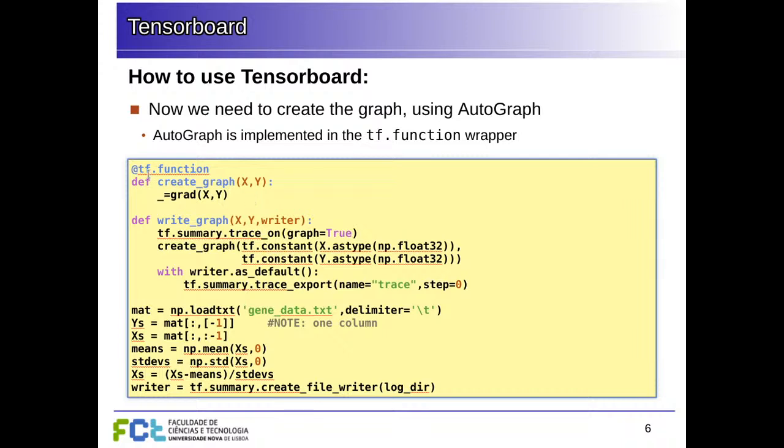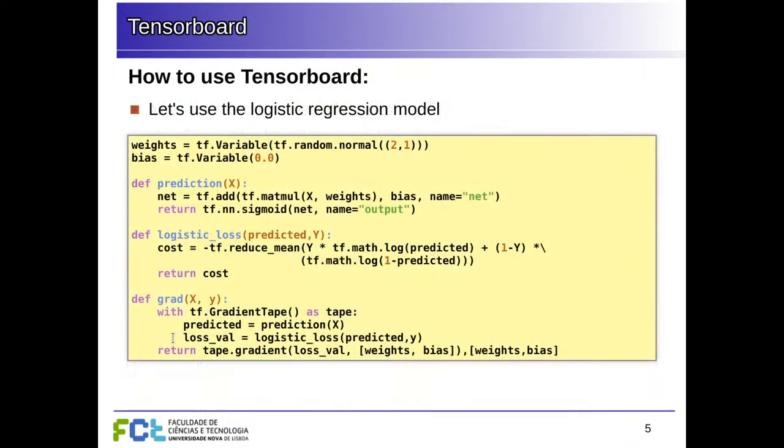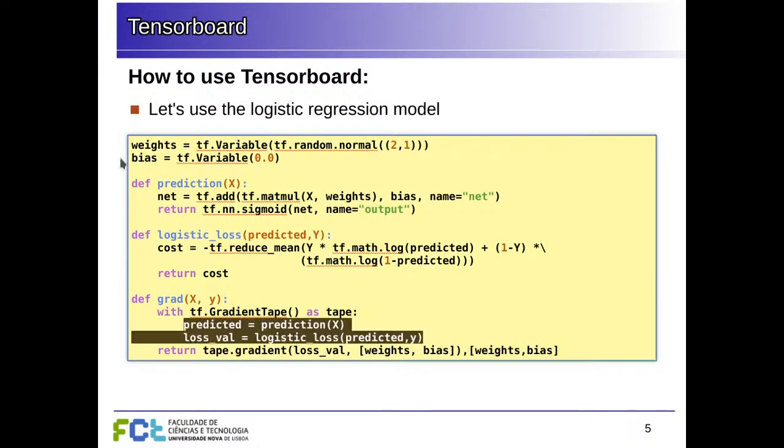So what we need to do is, inside this decorator, create a function that just creates the graph, and it receives the features and the label. And now it's going to call this grad function here. What this function is going to do is run all the graph that we have and compute the gradients and so on.